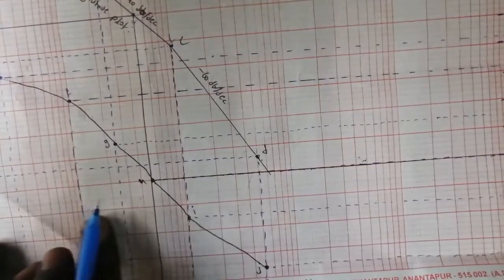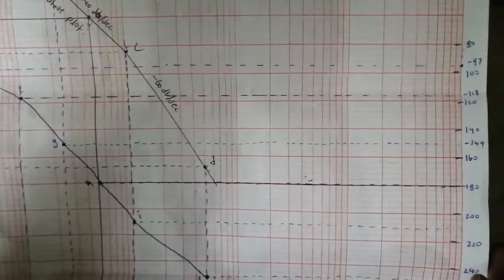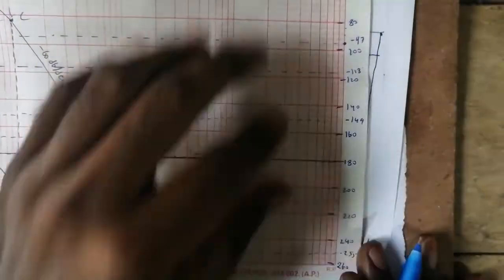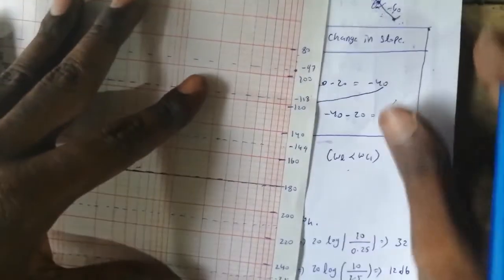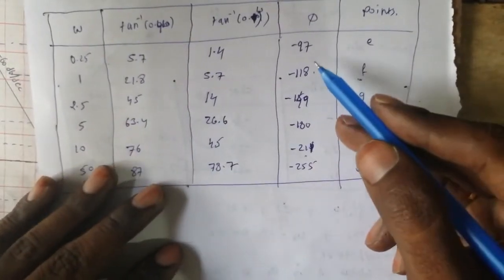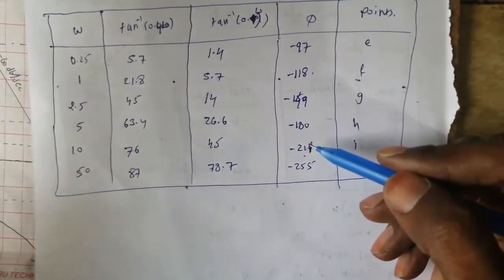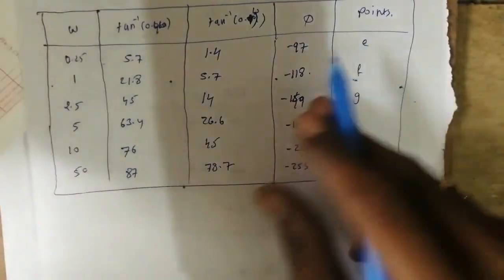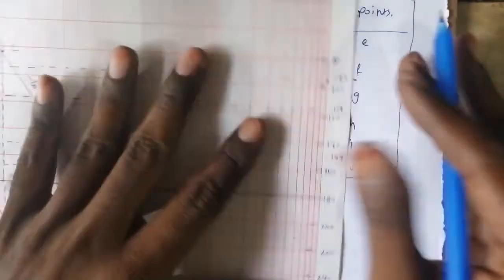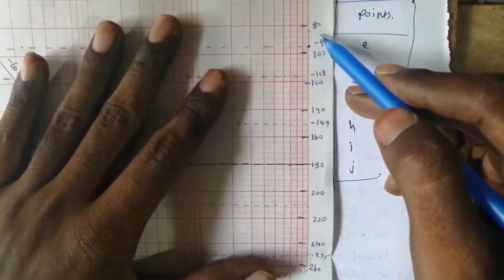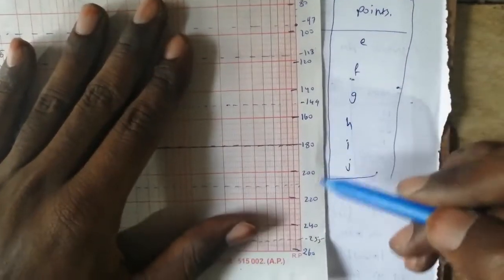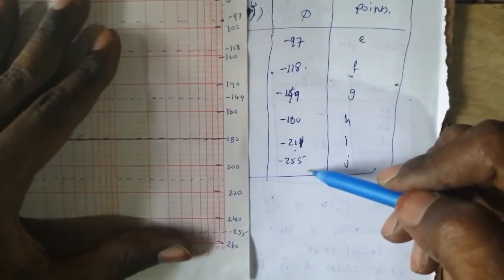Similarly, this is the phase plot. Here, how do we take the scale? We got all negative values, so we have to take the scale downwards. From here I'm starting at minus 80, going up to minus 260, because the maximum value is 255.